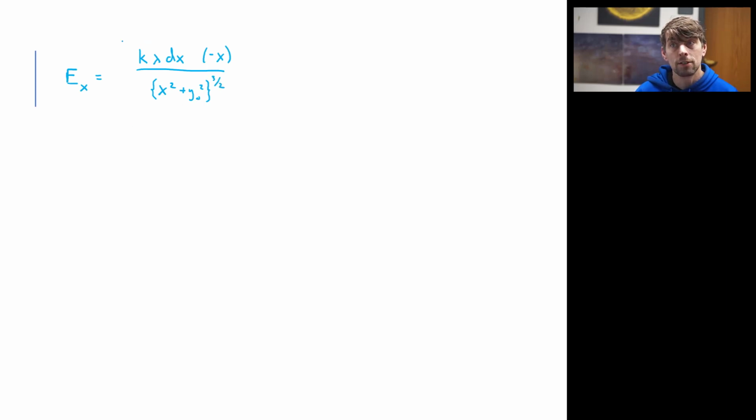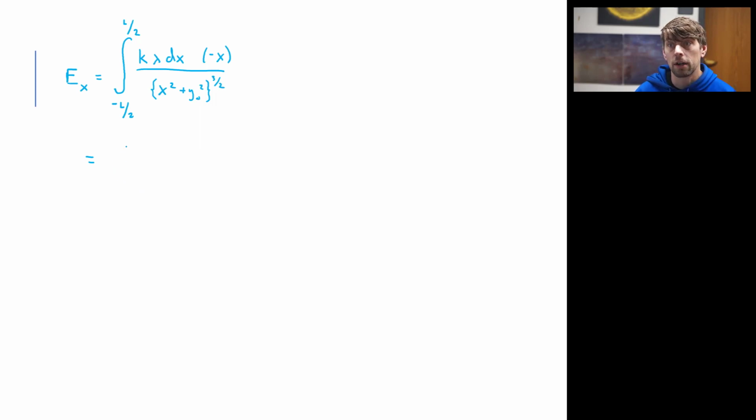Of course, we need to sum up over the entire length of the wire. And so we'll run this from negative L over 2 to L over 2. And you notice that that entire distance ends up being a distance of L. Okay. Well, we could attack this several different ways. Of course, k, lambda, those are constants.